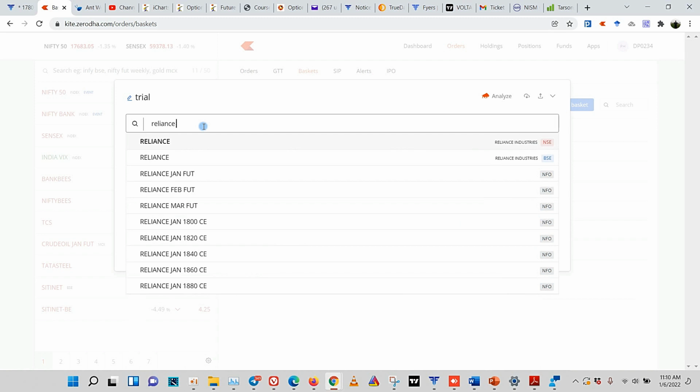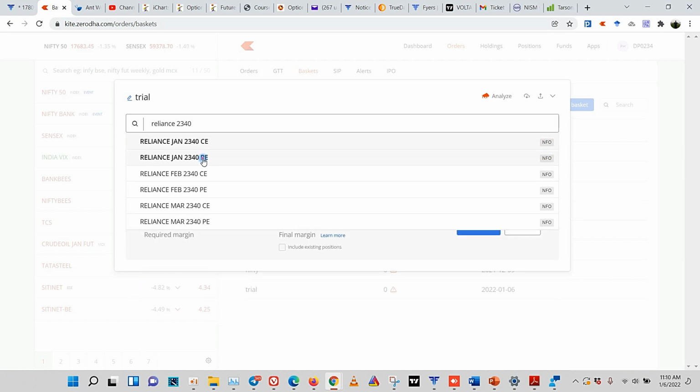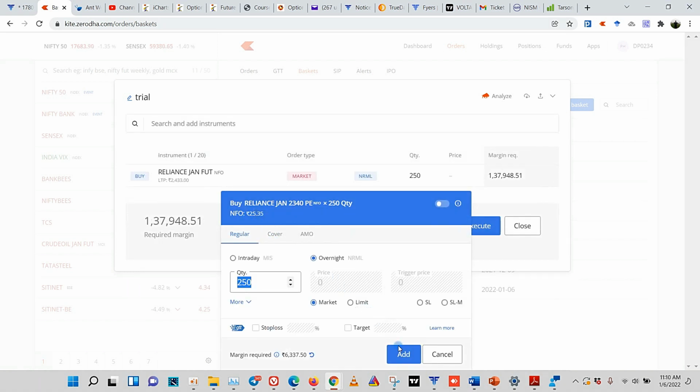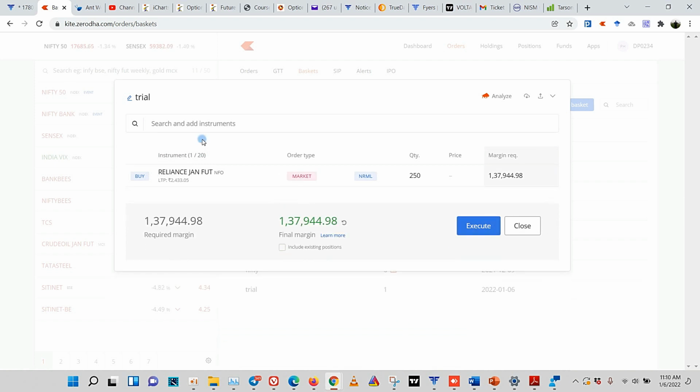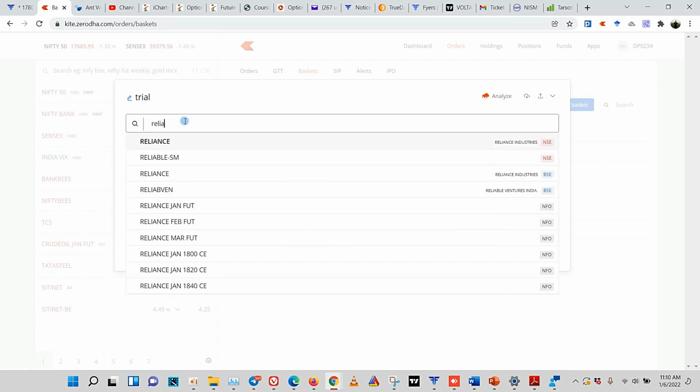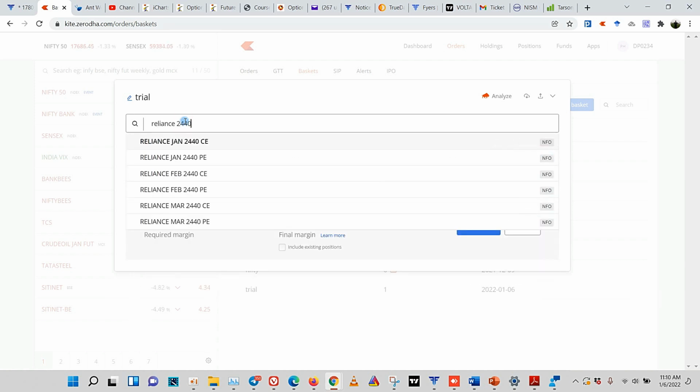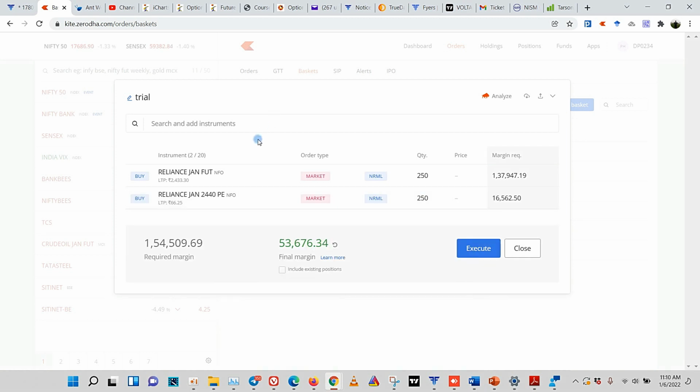what can we do? We can go short, we can go long in puts. So if we buy 2340 put, Reliance is trading at around 2433.